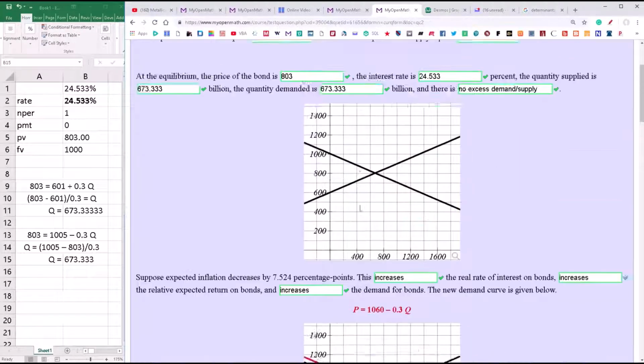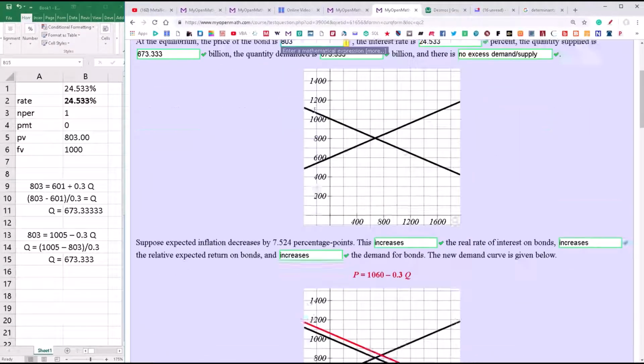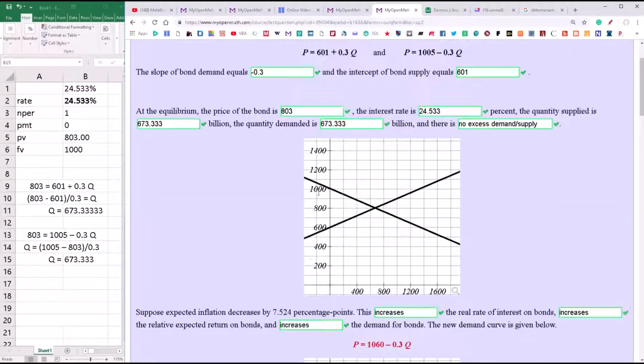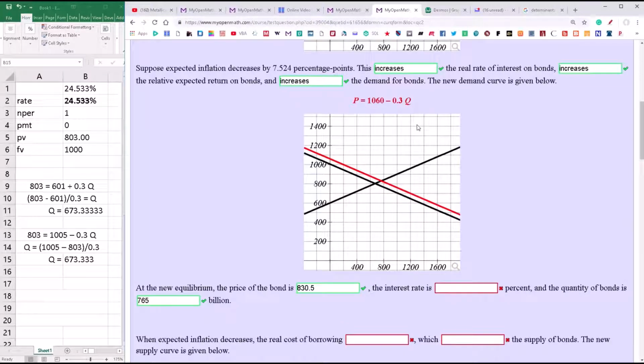Remember, the price was $803. The price increased to $830.50. The interest rate was 24.533. The interest rate should fall because the price increased. Let's go over here. The new price is $830.50.